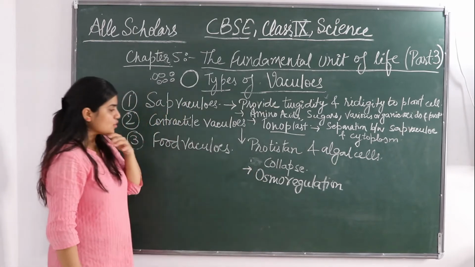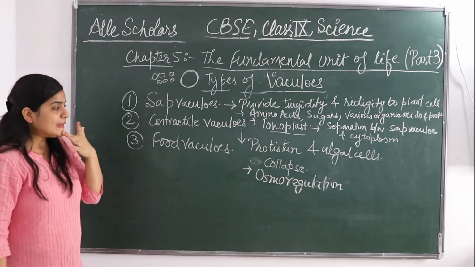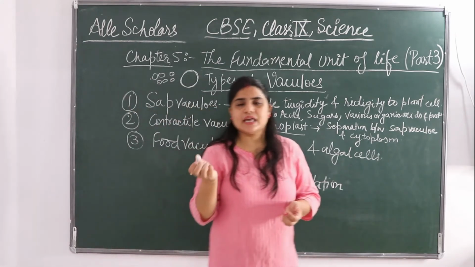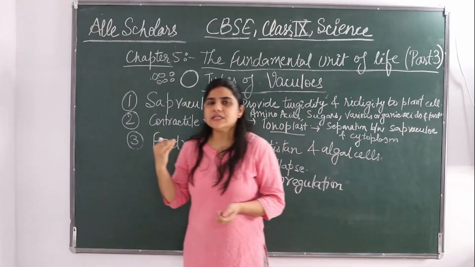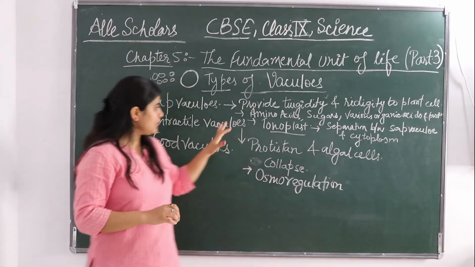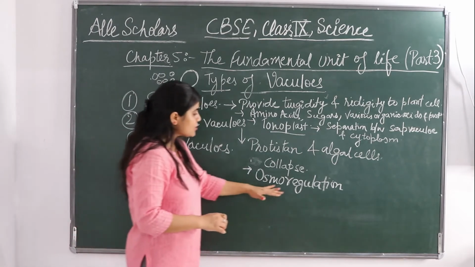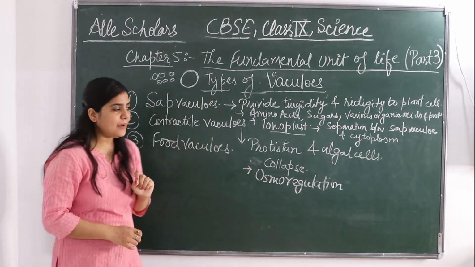What happens in osmoregulation? It means that these contractile vacuoles help the cell to maintain its water content. Okay? किसमें ये help करता है? Excess water को expel करता है, osmoregulation में help करता है.